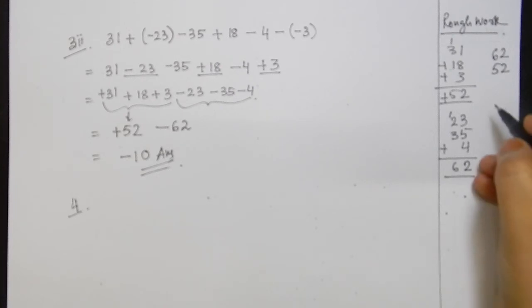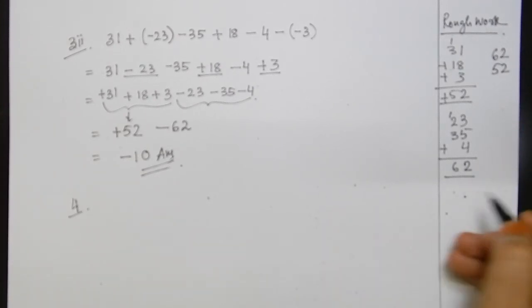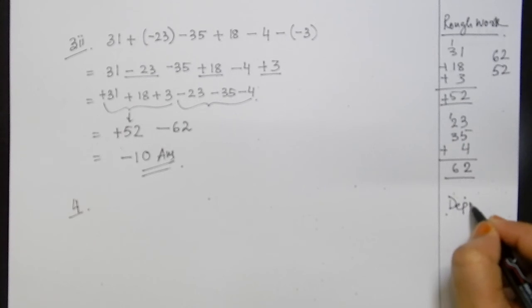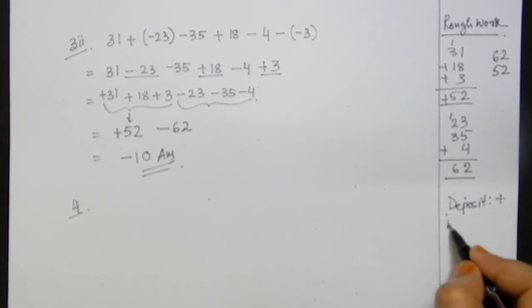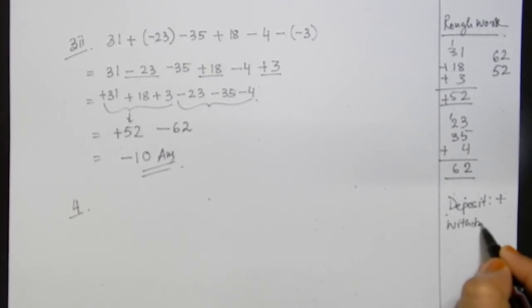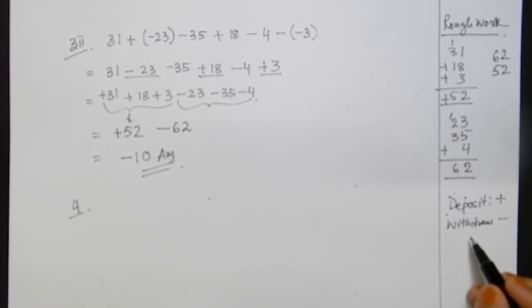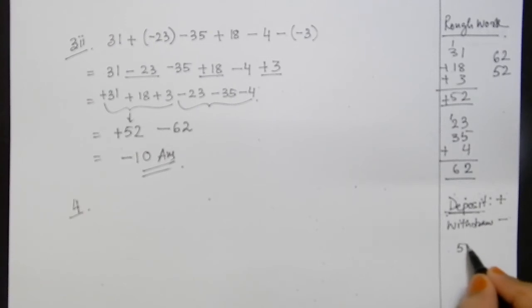Now, in a bank account, when you deposit, the money is added, and when you withdraw, the money amount is subtracted. Suppose your purse is your bank account. If you deposit, it means to put inside. So if you deposit 50 rupees in your purse, then you have 50 rupees in your purse.